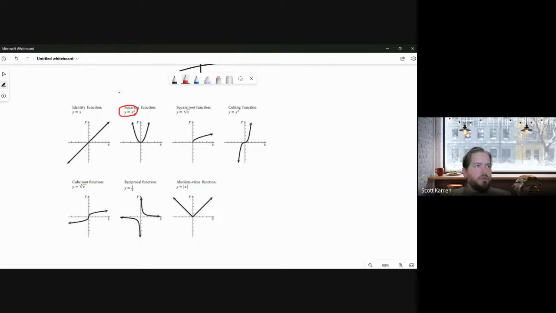If instead of x squared, I have y equals x minus 2 squared, right? And if I want to graph that, I can throw in some values. Let's just get some x, y values. If x is 2, then I've got 2 minus 2 squared.